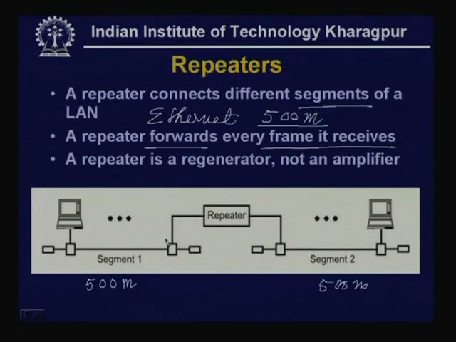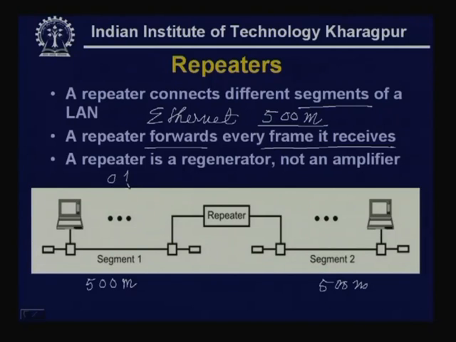You may be asking, is it an amplifier, or in what way does it differ from an amplifier? Actually, a repeater is not really an amplifier. An amplifier amplifies the signal as well as the noise. It does not discriminate between signal and noise. On the other hand, a repeater essentially extracts the signal, removes the noise and regenerates the signal.